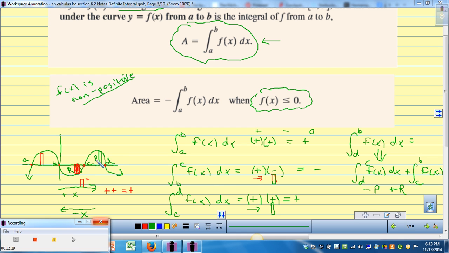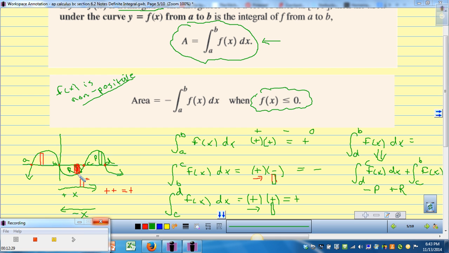So this area P would be a negative value because it's a negative x times a positive y. So the integral from D to C of f of x dx would be negative P. And then the integral from C to B of f of x dx, well, my movement in the x is left, so that is negative.